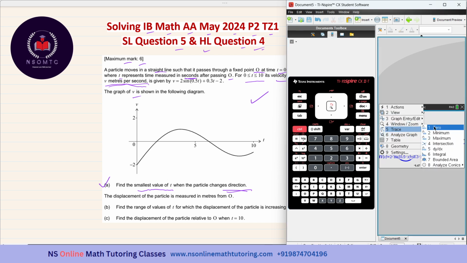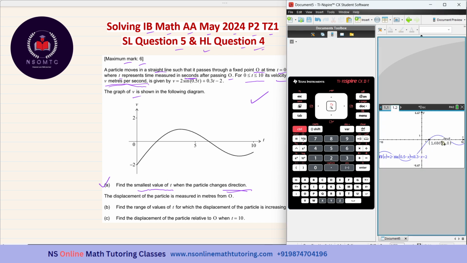So analyze graph and zero, and you see 1.68695, and what did the nSolve give us? 1.686948 and so on. So 1.68695 is the correct answer, and it is the first answer.